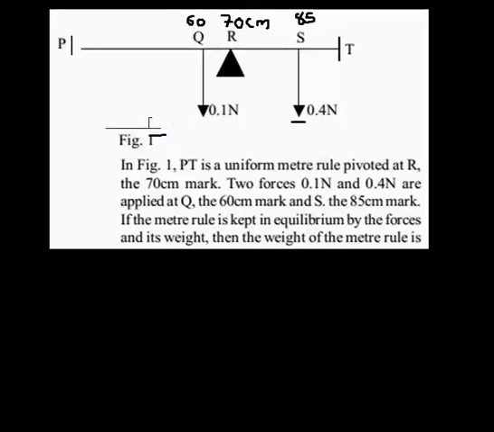So if I should represent the weight of the meter rule, that should be at 50 cm, because this meter rule is uniform, okay? The uniform meter rule in the laboratory is 100 cm. So invariably, the center of that meter rule is definitely going to be at 50 cm.